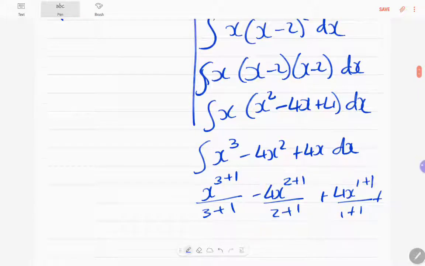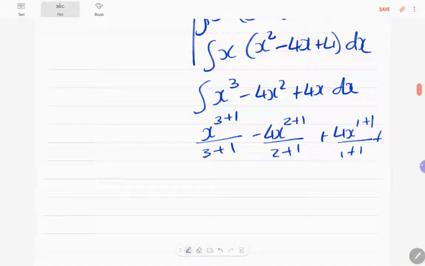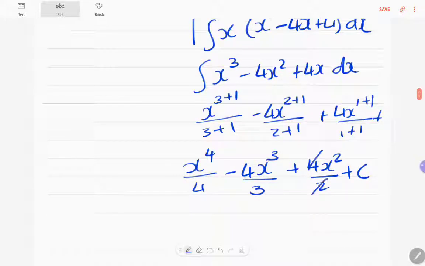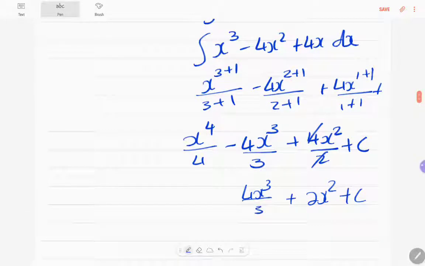It will be x to the 4 over 4 minus 4x cubed over 3 plus 4x squared over 2 plus c. 4 divided by 2 will be 2x squared, plus c.